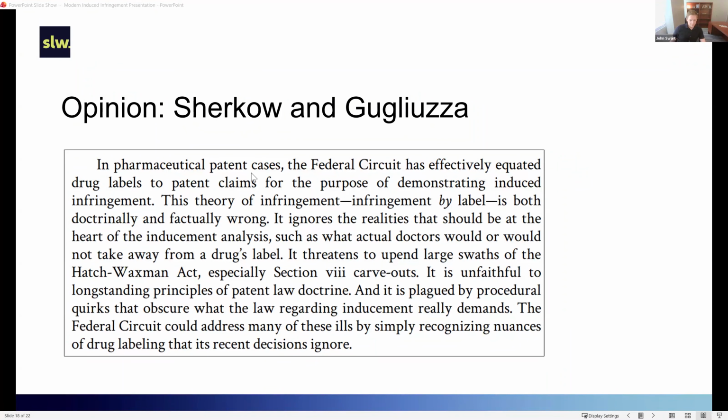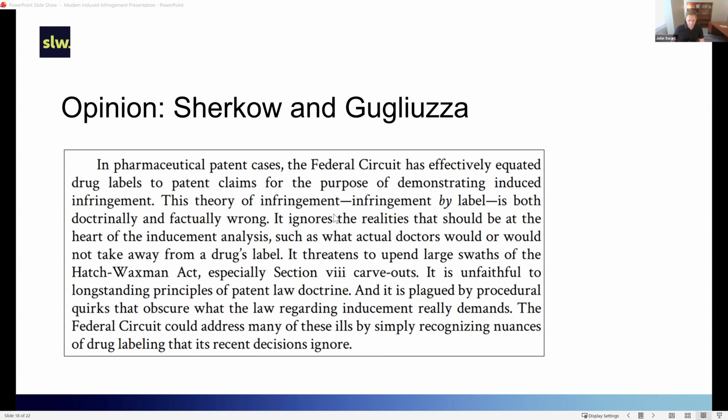They say, and this is just an excerpt, that the Federal Circuit has effectively equated drug labels to patent claims for the purpose of demonstrating induced infringement. That's the thesis of their entire paper: that this is an infringement by a label, not by actions of a company.